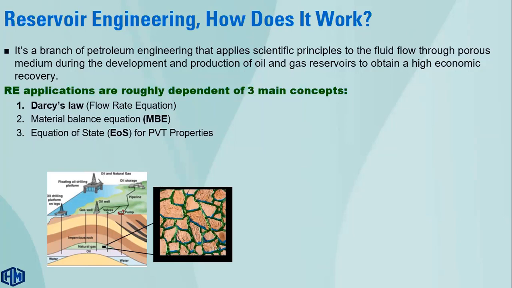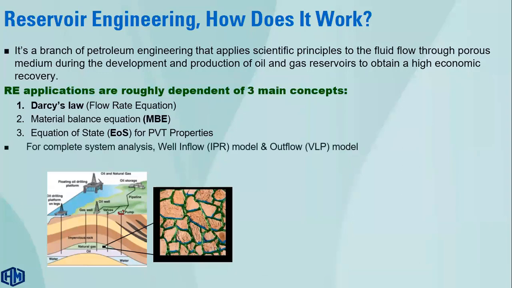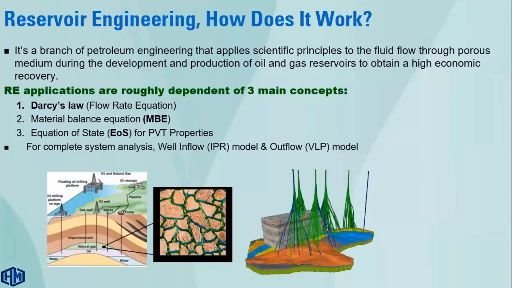So we have to apply the equation of state, or PVT model, to characterize the properties of reservoir fluids while producing. For the complete system analysis, we have to integrate two additional models: the inflow and outflow performance models, IPR and VLP models.